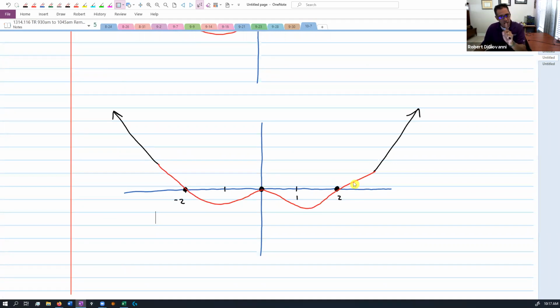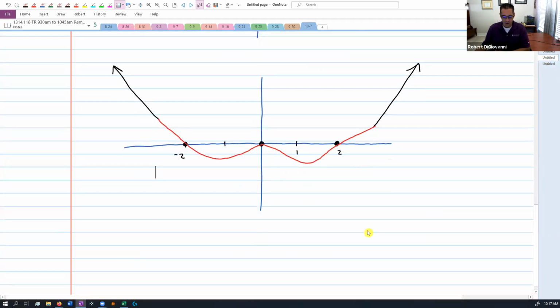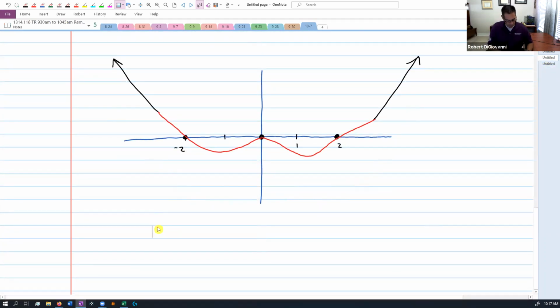There's one more thing we need in order to get a decent graph. We don't know which of these it is, so we need more information.